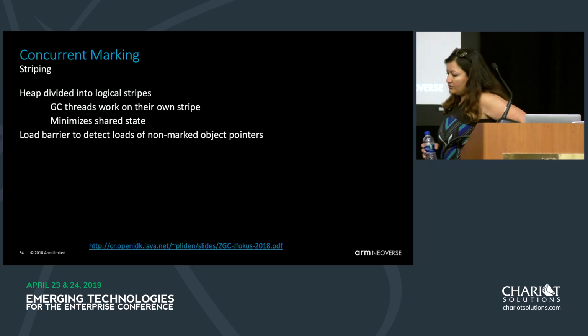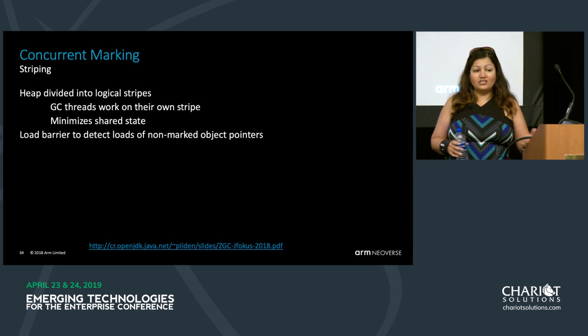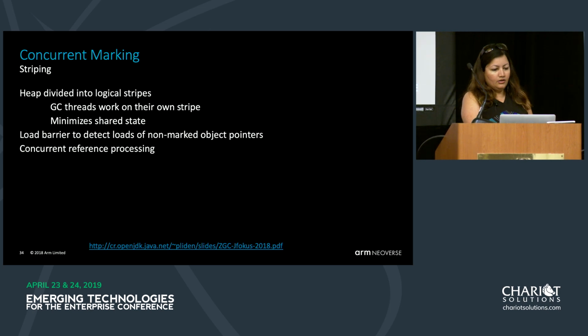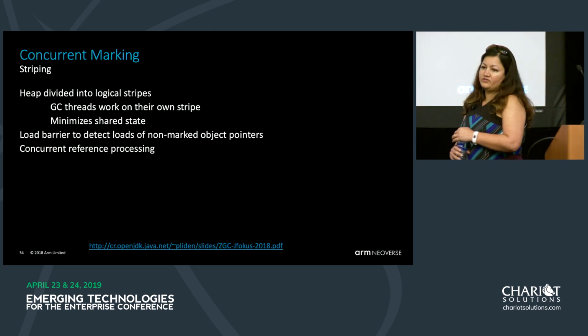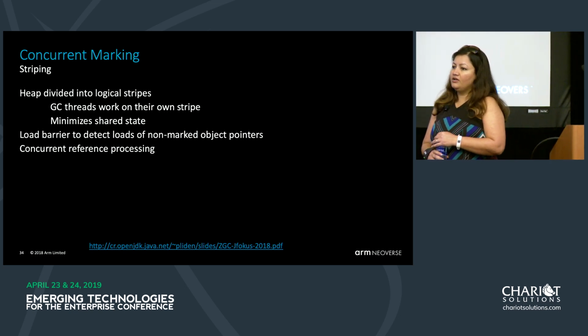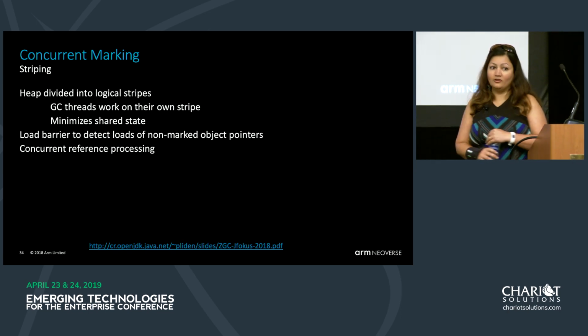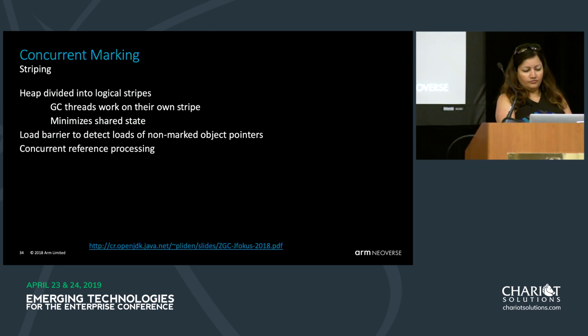Any loads of non-marked objects need to be detected, and that's why you need load barriers. During concurrent marking, you also do concurrent reference processing, which is new for ZGC because most often than not, reference processing is done in parallel.